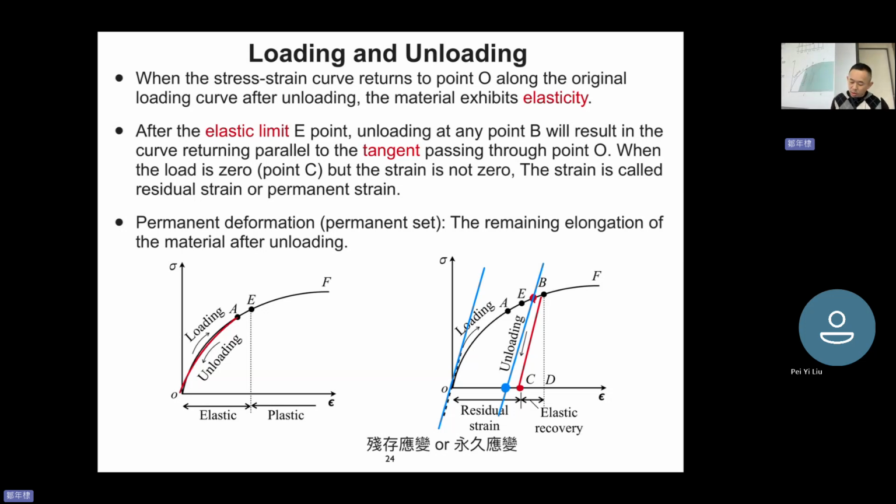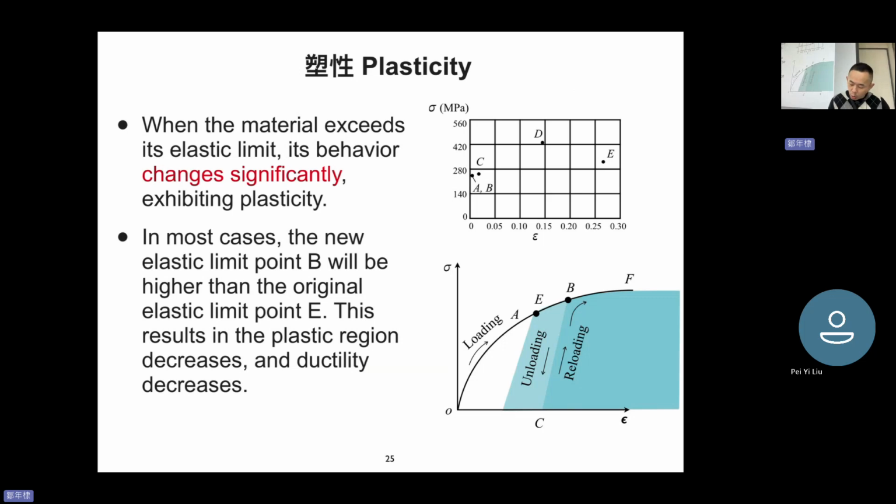So loading, unloading, loading, unloading, and the region keeps pushing to the right.